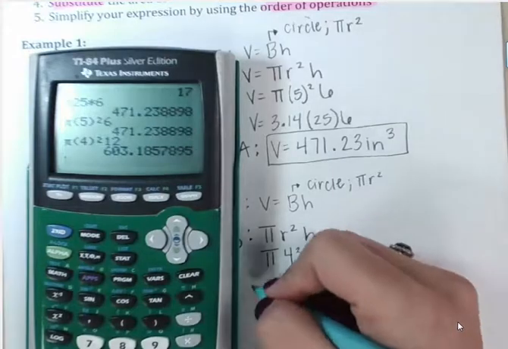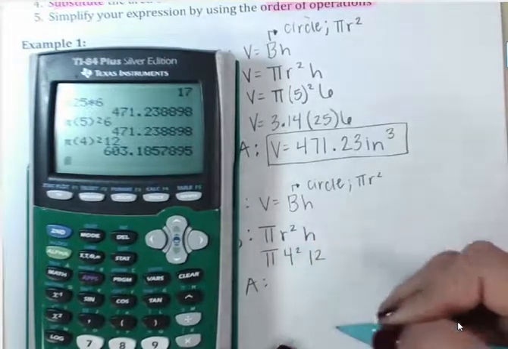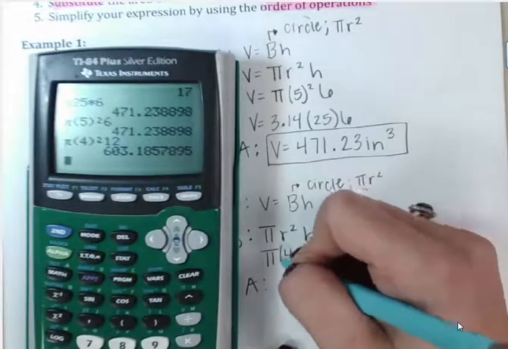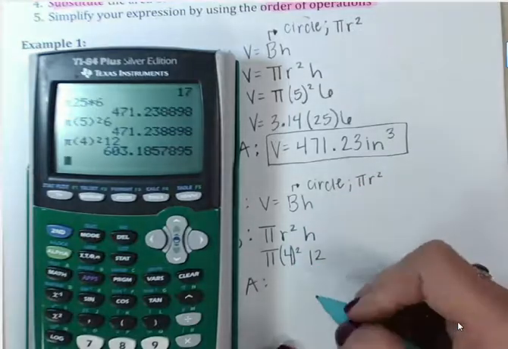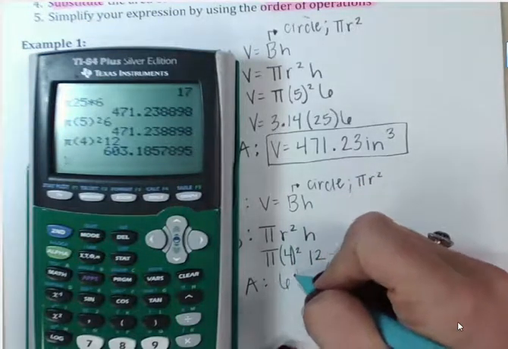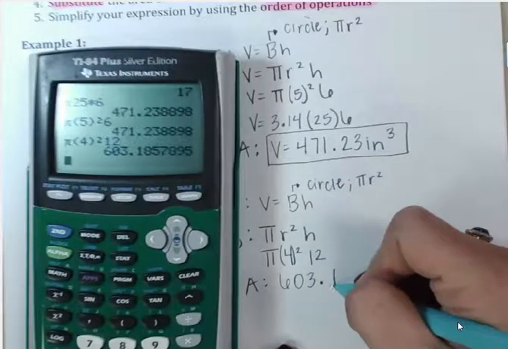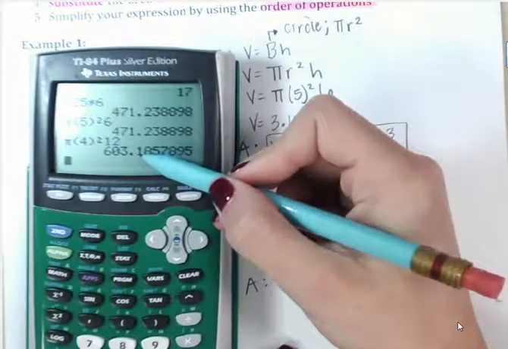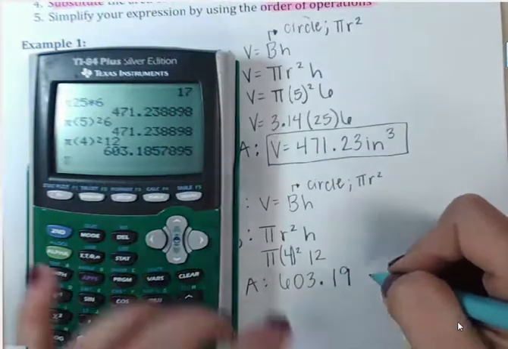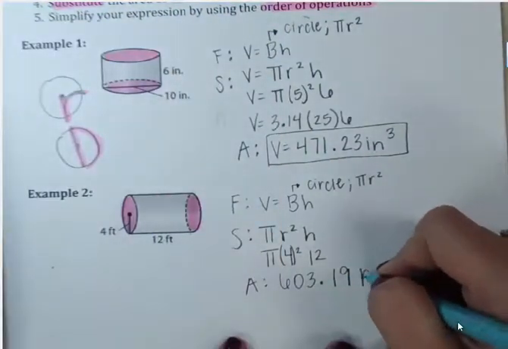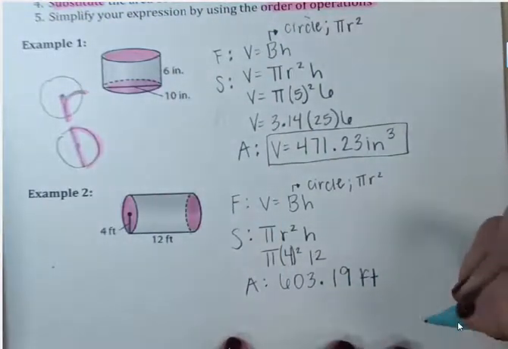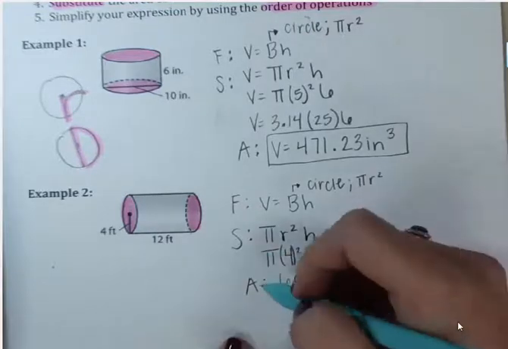And your answer is 603, and I'm going to round this to the nearest hundredth. Feet squared or cubed? Cubed.